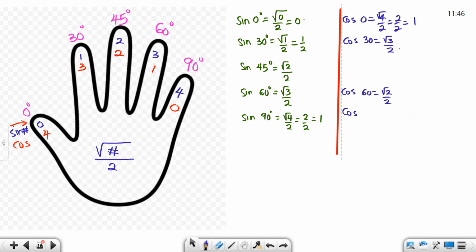What is cos 45? Yeah, that is square root of 2. And what's the square root of 1, by the way? What is cos 90? No. We're using the bottom one. Square root of 0 over 2, and that is it.